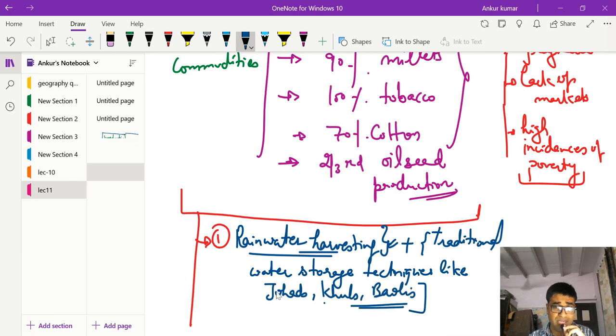These traditional water harvesting techniques plus rainwater harvesting structures have to be developed. So to tackle water stress, this is the first solution we have to adopt, right?